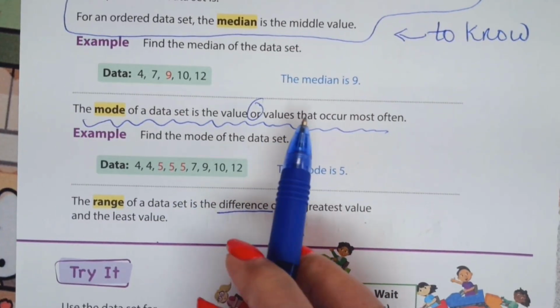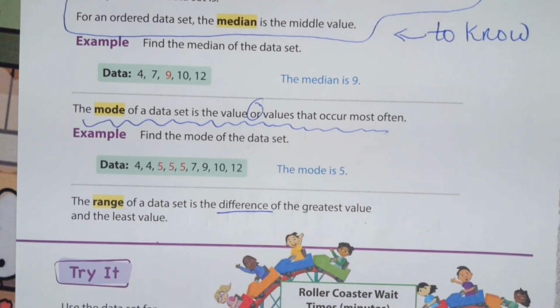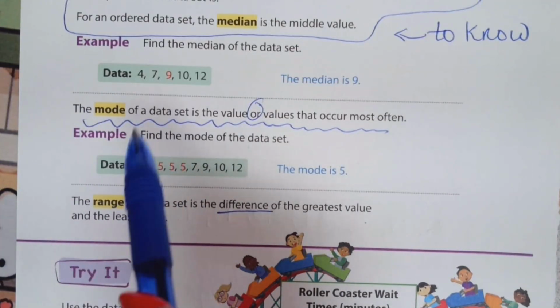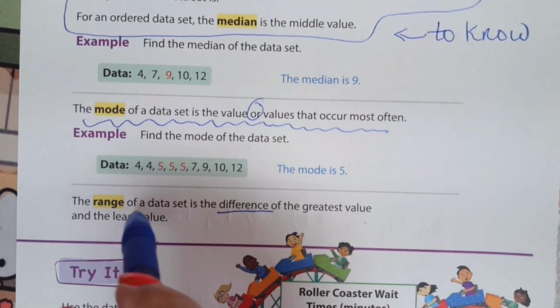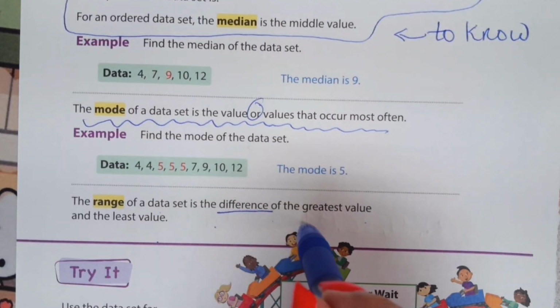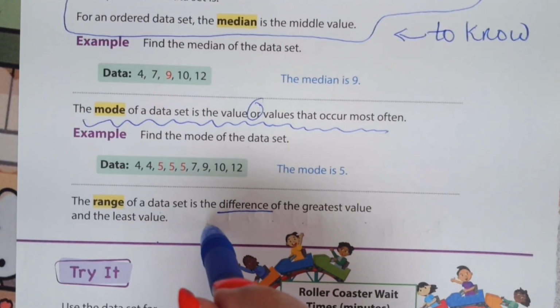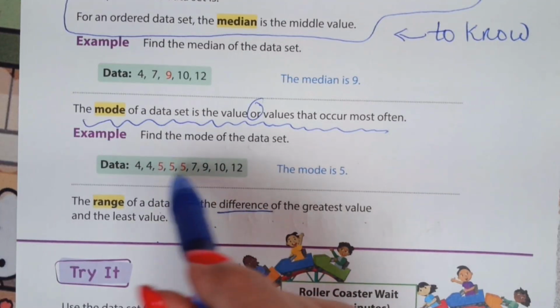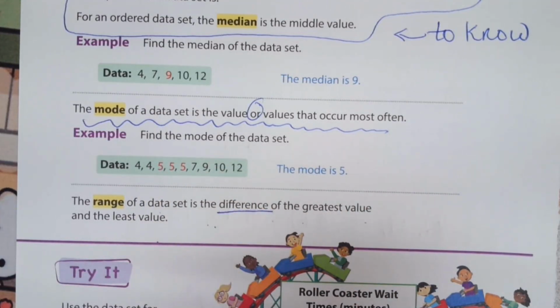Looking at this data set, which is the greatest number there? 12.